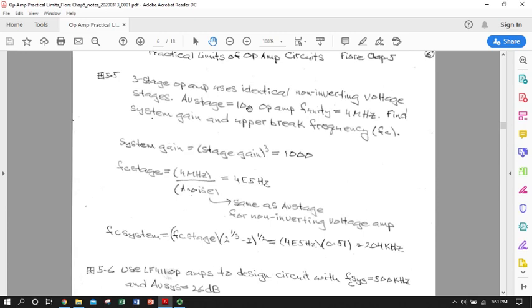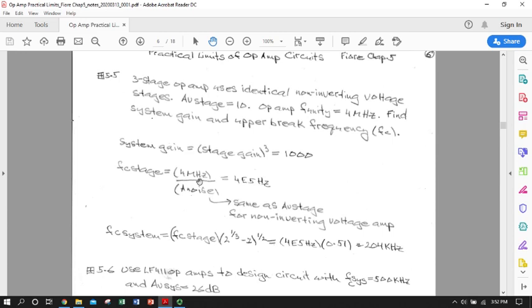The system gain is easy. We multiply the stage gains by each other, so it's 10 times 10 times 10, 10 to the third, so it's 1,000 times. So there's an advantage right there of a multi-stage system. We get multiplicative gains. And so now we get to use our fun formula for system frequency for similar stages. So we need the upper break frequency for each stage.